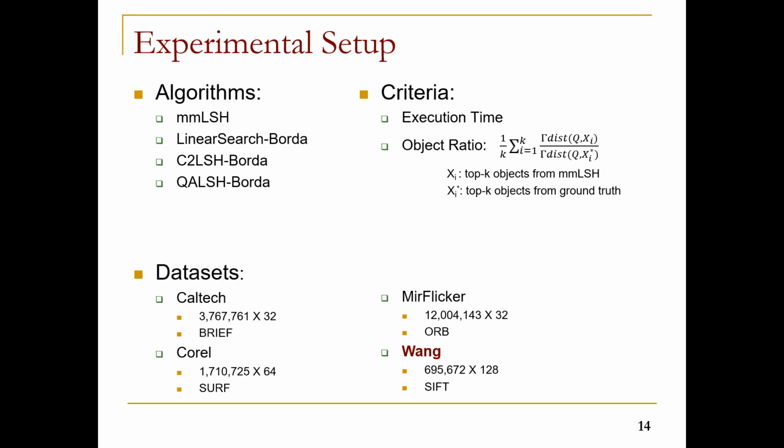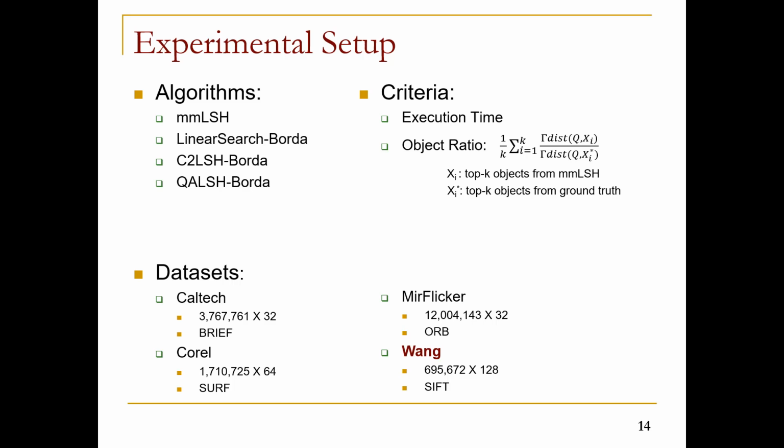Our goal by proposing mmLSH was to efficiently find top K approximate nearest neighbor images, and to evaluate mmLSH and compare it with other methods. Therefore, we used 2 criteria: the execution time, which shows the time it takes for the technique to find top K multimedia objects, and moreover, similar to the ratio defined in state-of-the-art techniques, we defined an object ratio to calculate the accuracy of the returned top K objects.